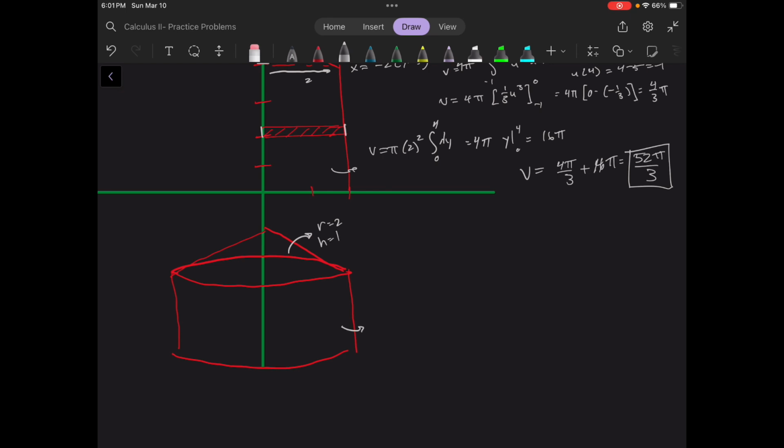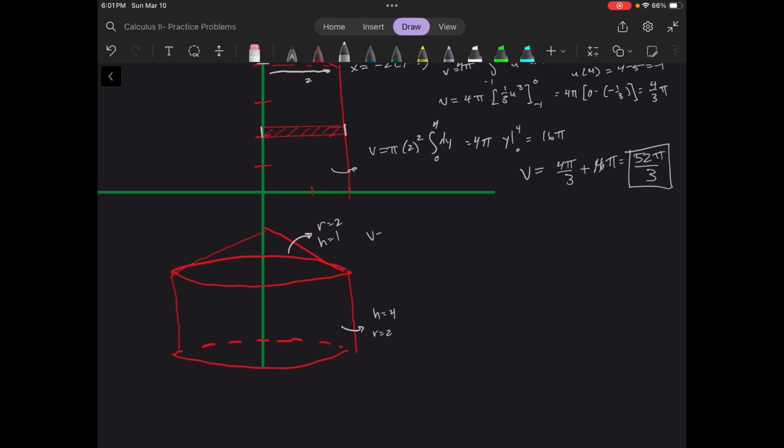And do we know the formula for volume of a cylinder? Yes. And that's why we were able to pull out this r squared here, because of that constant radius. So it's pi r squared height. Let's see, it has a height of 4 and a radius of 2.